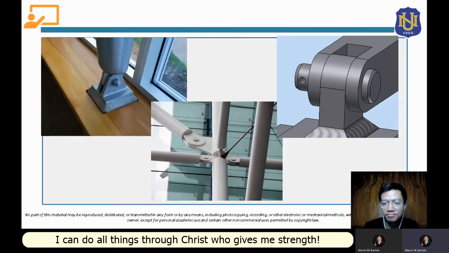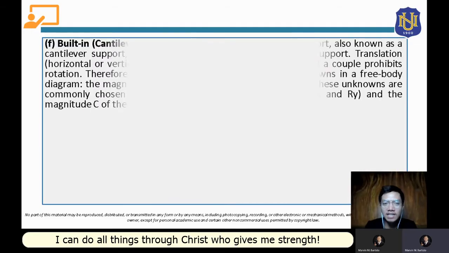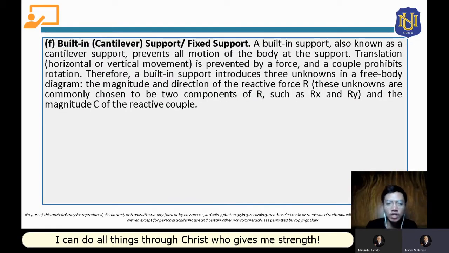So the last support that we're going to talk about is built-in or cantilever support, also called fixed support. A built-in support prevents all motion of the body at the support. Translation, horizontal or vertical movement, is prevented by a force, and a couple prohibits rotation.